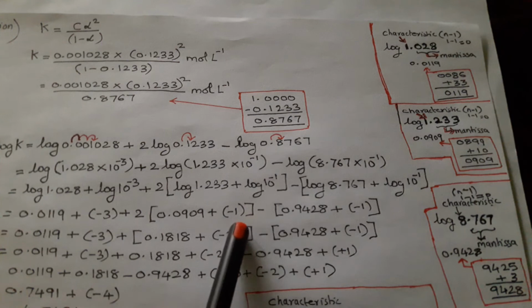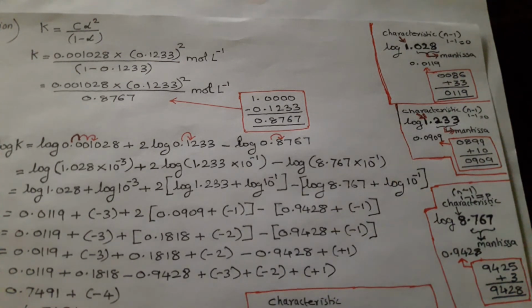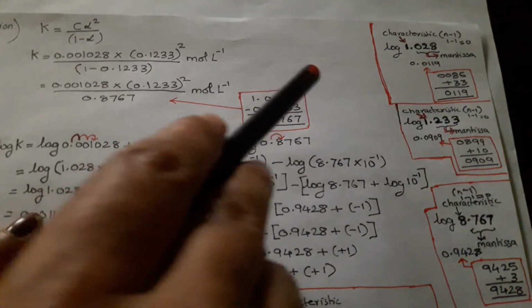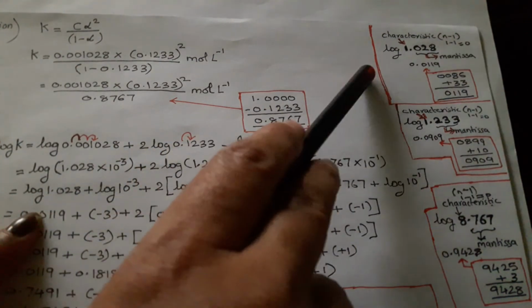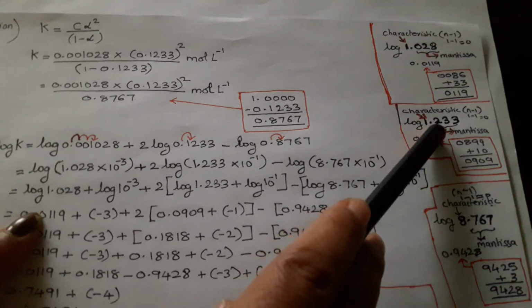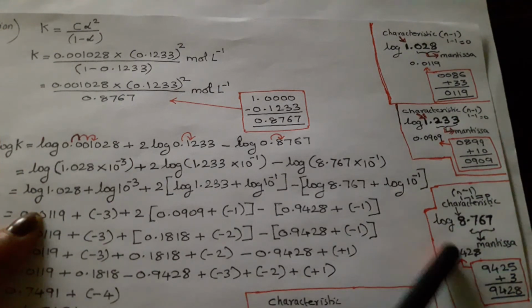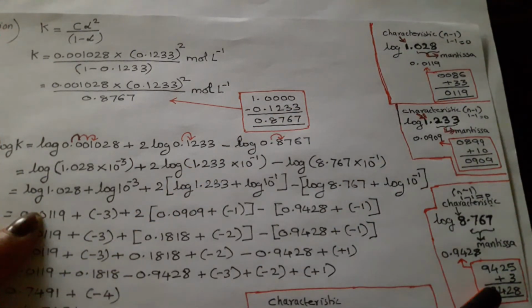Log of 10 raised to minus 1 is minus 1. Same here also. The steps to calculate log of 1.028, log of 1.233 and log of 8.767 using the log table, the steps are given over here.